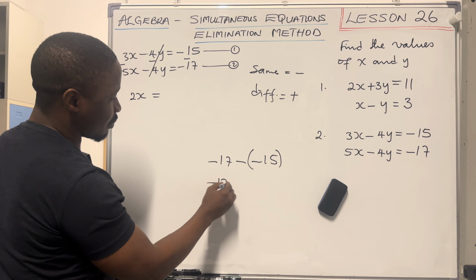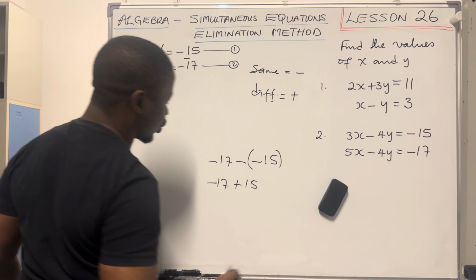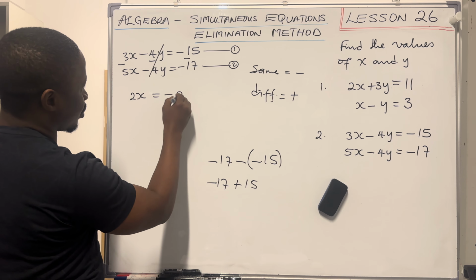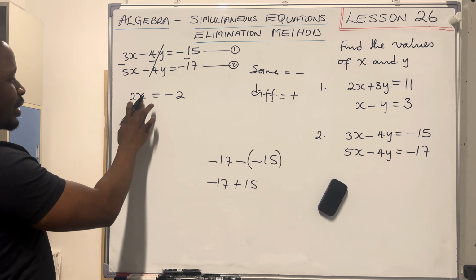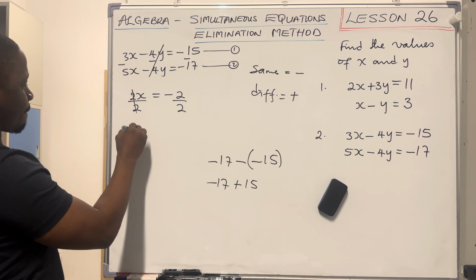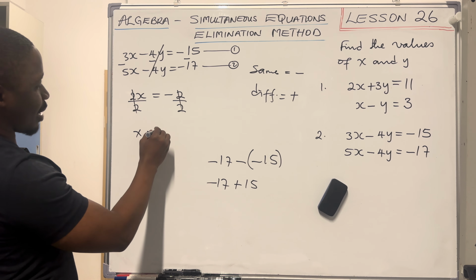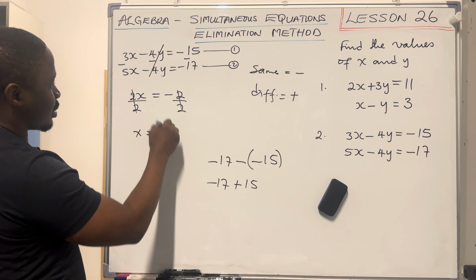So minus 17 minus is plus, then this is 15. So what do we get? We get minus 2. We need x. We divide both sides by 2. When you divide the same numbers, we have 1. With this sign, negative 1.